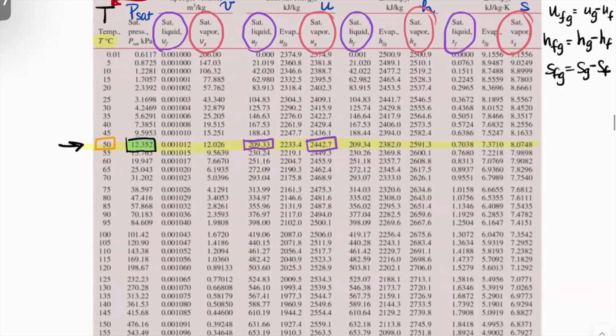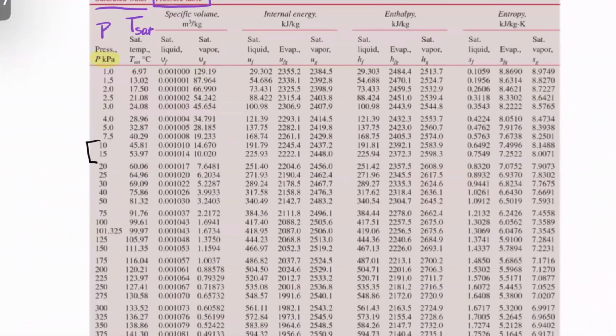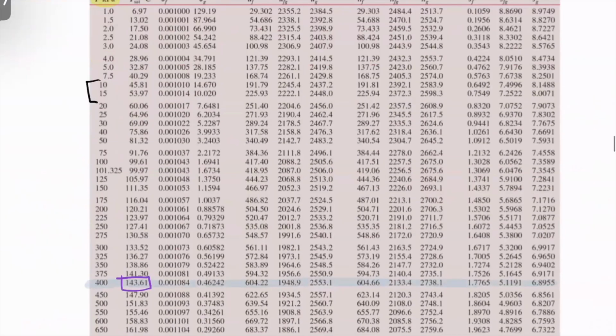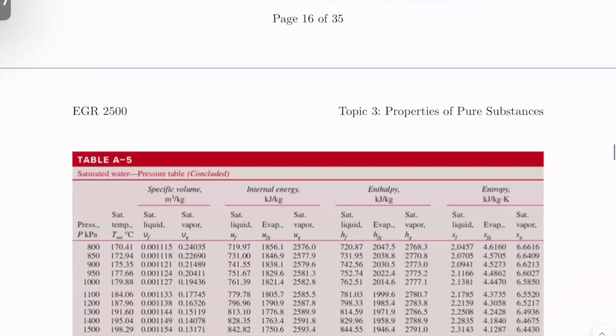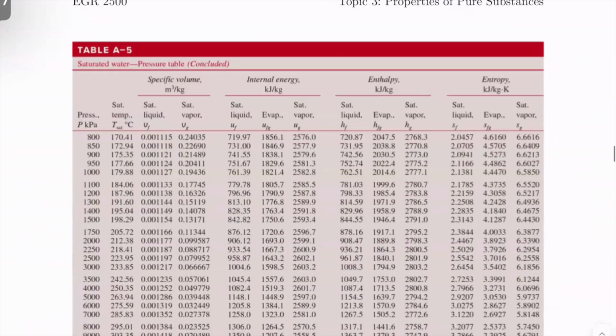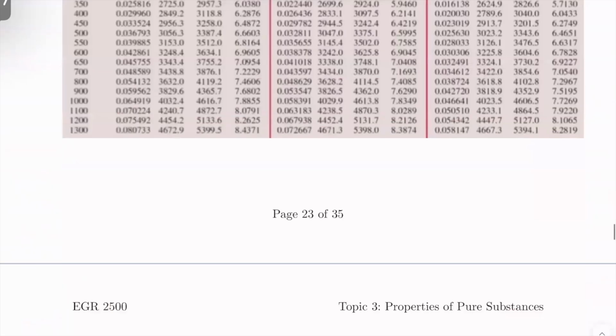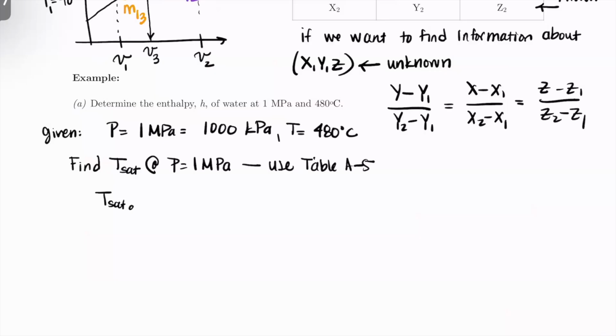Okay, here. We're given a pressure, so we're going to go to our pressure table and look up 1,000 kPa, which is here. All right, so our saturation temperature is 179.88 degrees C.